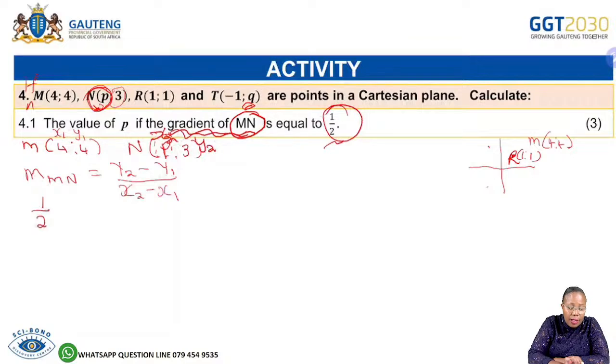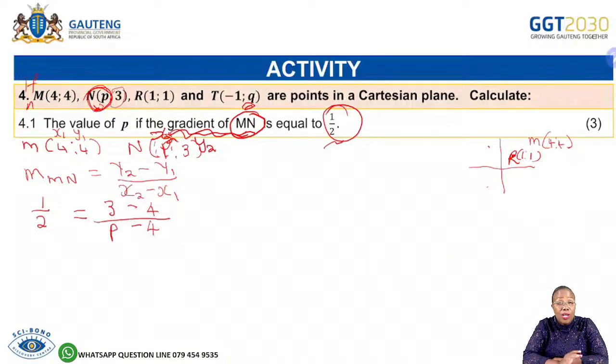Gradient of MN is half, and the y2 is equal to 3 minus the y1, which is 4, over x2, p, minus x1, 4. Look at that. Can you see now your unknown is only p there? So we are having half equal to 3 minus 4, which is minus 1, over p minus 4.